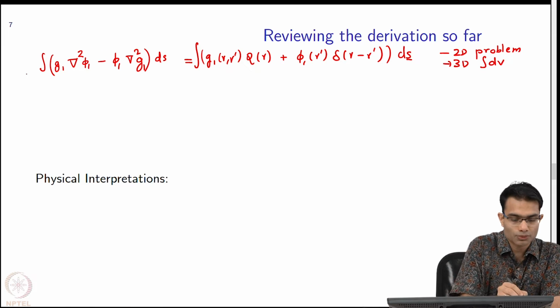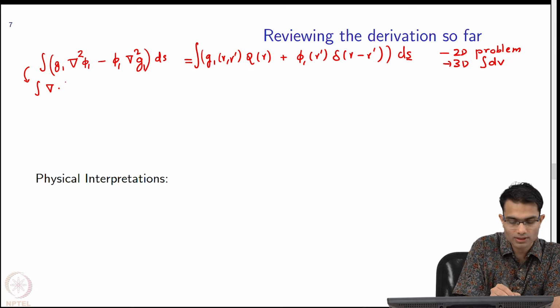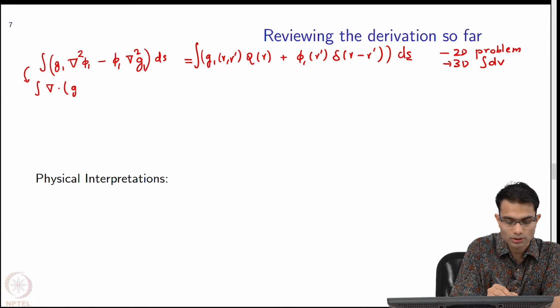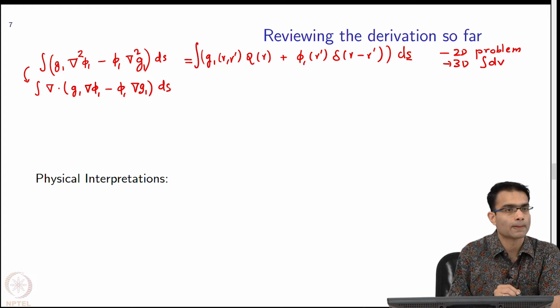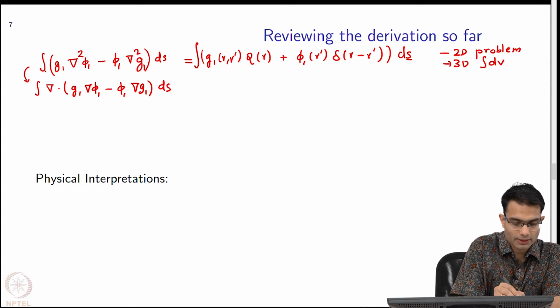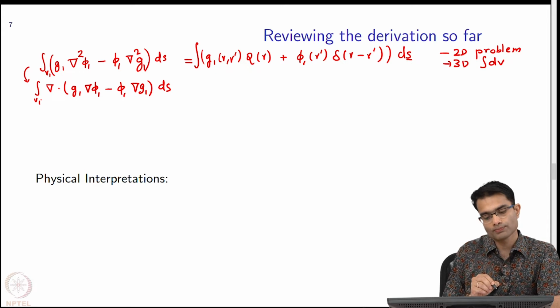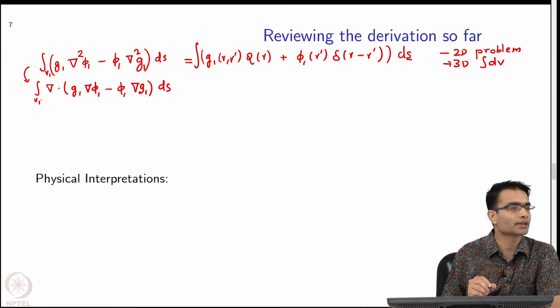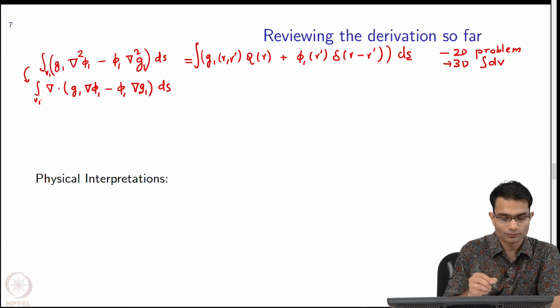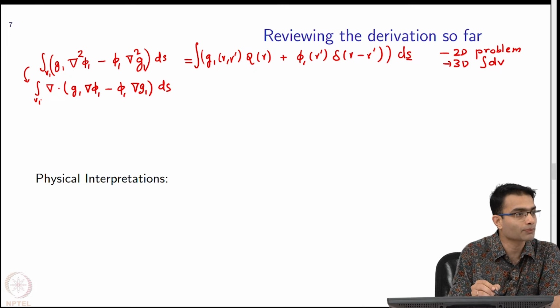Then we had used one identity of vector calculus to convert this into a del dot something, and what was that something? G1 grad phi 1 minus phi 1 grad G1, and this remained as it is. This was over V1, and then after that we used the divergence theorem in 2D, and that came with a minus sign, right.